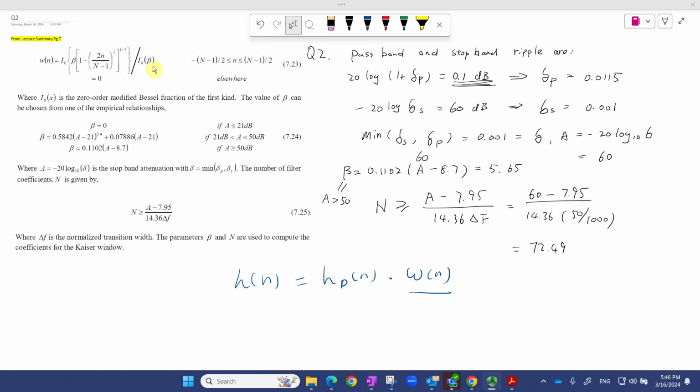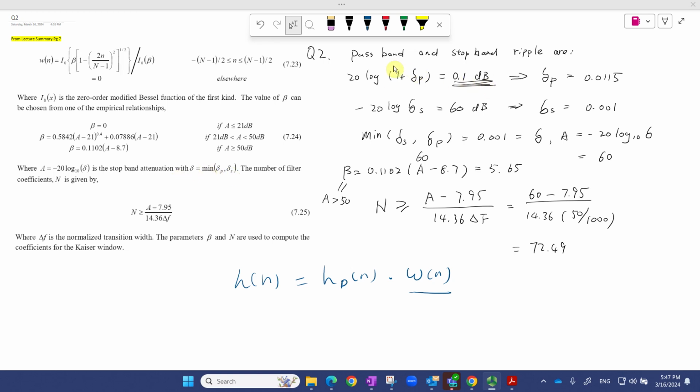In order to know beta, you need to know capital A first, and A is this equation. Then you need to know delta, and delta is the attenuation ripple, the stop band ripple. So delta is the ripple for pass band and stop band, and you choose a small one.